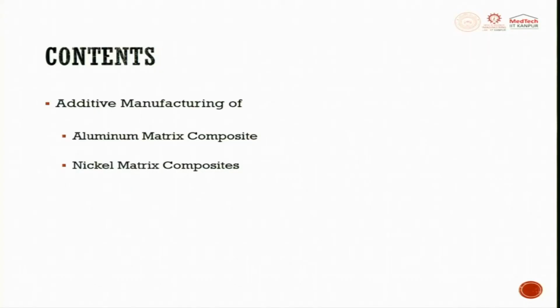One is aluminium, the other one is nickel. Aluminium is very common and very popular amongst metal matrix composites for simple reasons. One, it is lightweight, two, it is cost effective, and third, it is ductile and you can tweak its properties to your own requirements easily.